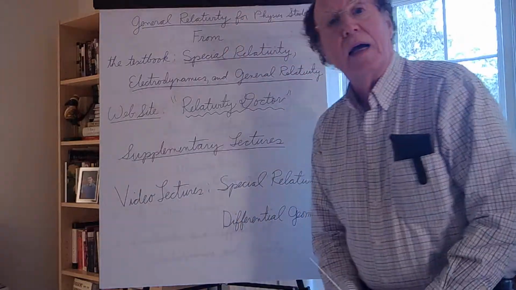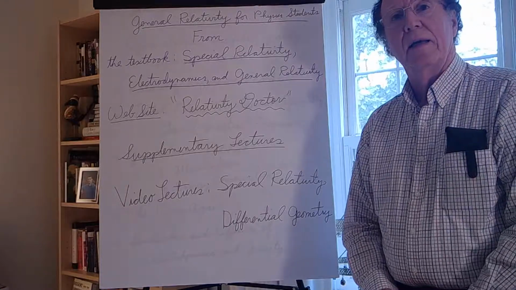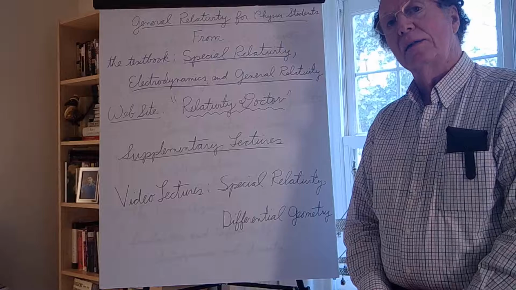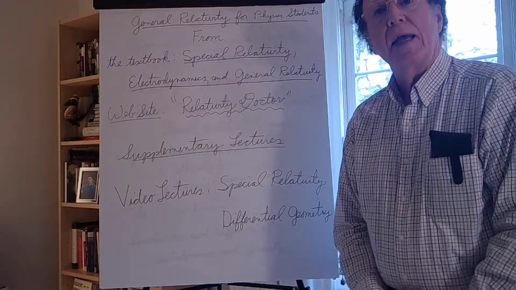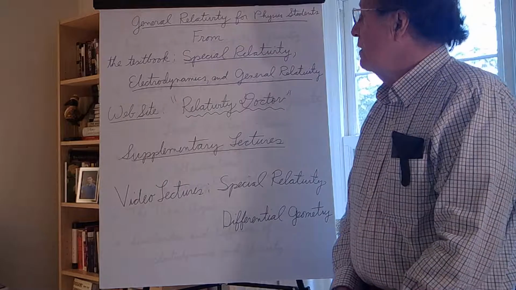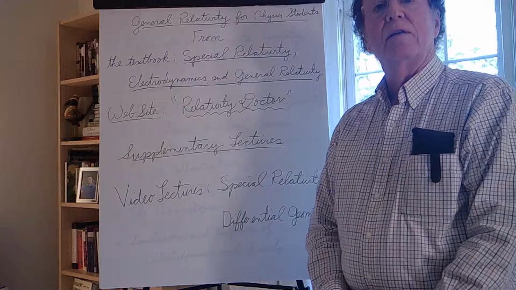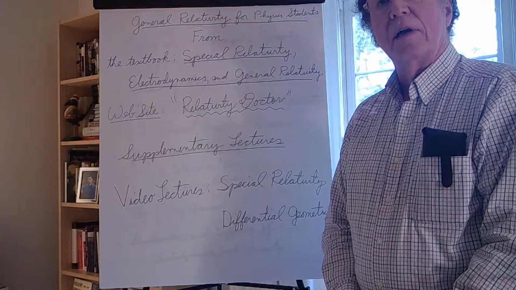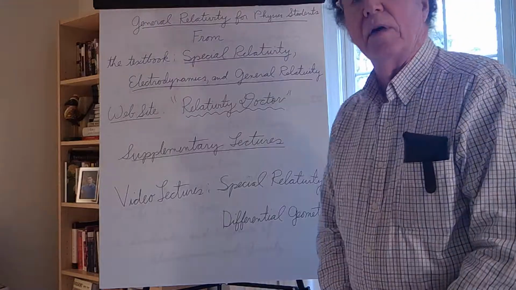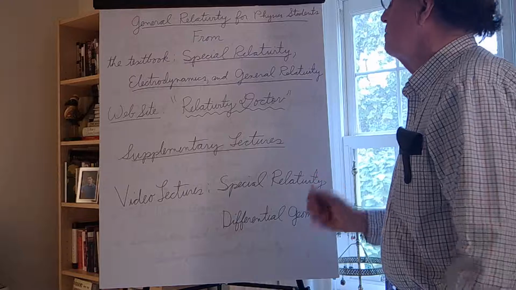We've had lectures already in Special Relativity covering the first 10 chapters of the textbook, taking us from the beginnings of special relativity through the formulation of electrodynamics. Then we turn to a lecture series on classical differential geometry, which serves as the basis for the Riemannian geometry that we'll be using in general relativity.